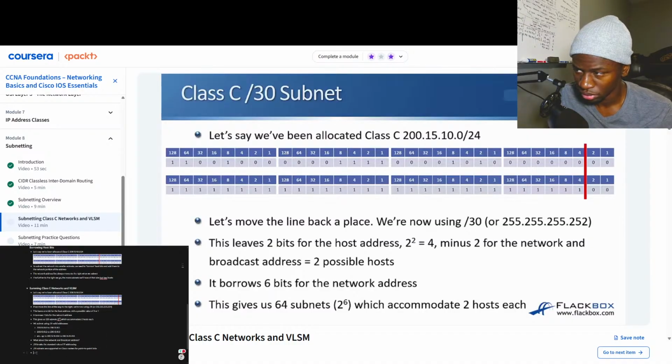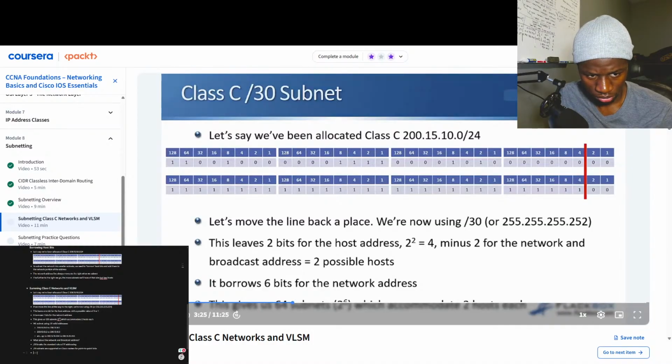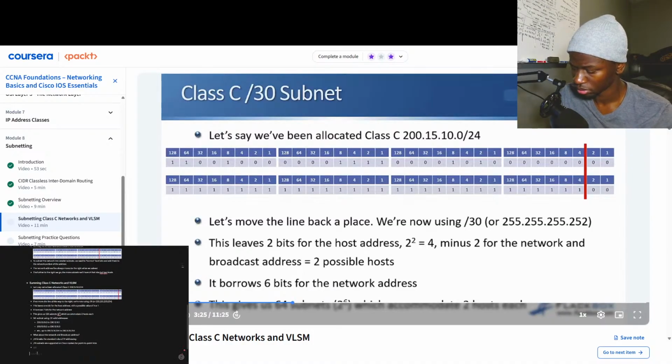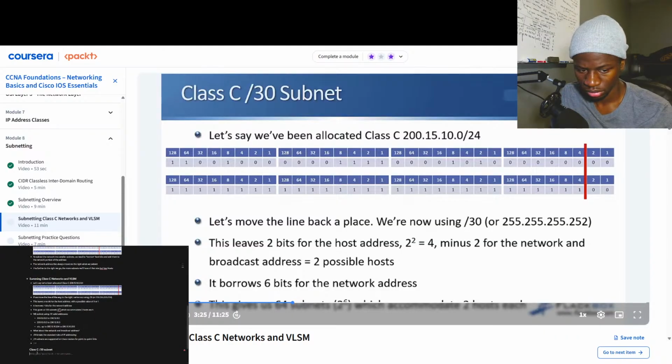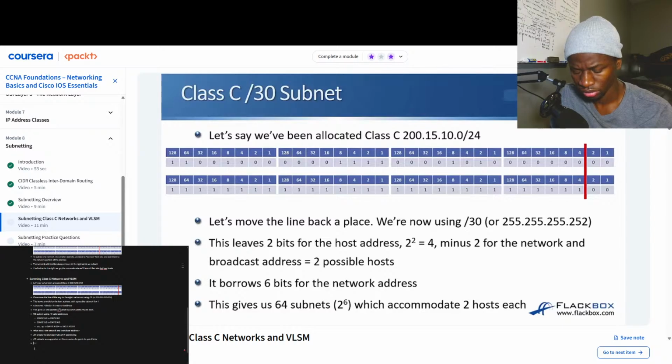That is going to leave 2 bits for the host address, because we got 2 bits for the host address. 2 to the power of 2 is 4 minus 2 for the network and the broadcast address.